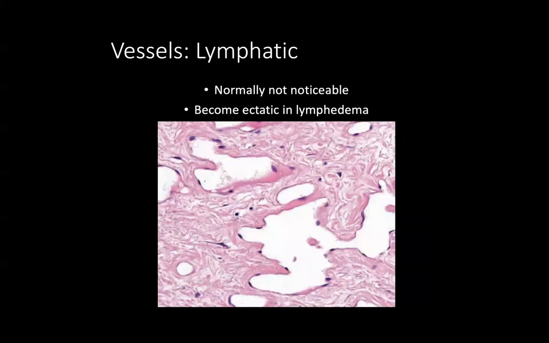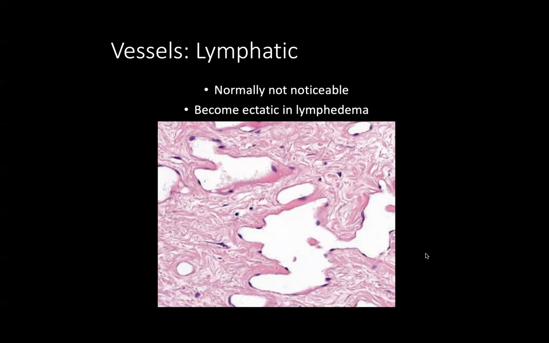Lymphatic vessels are difficult to see on normal histology. Normally they're easy to miss, but when they become ectatic, such as in a lymphedema, you'll see these really thin-walled vascular spaces with sparse nuclei that would be in between either a lymphatic or a small vein. This pink material coming out is actually lymph here.